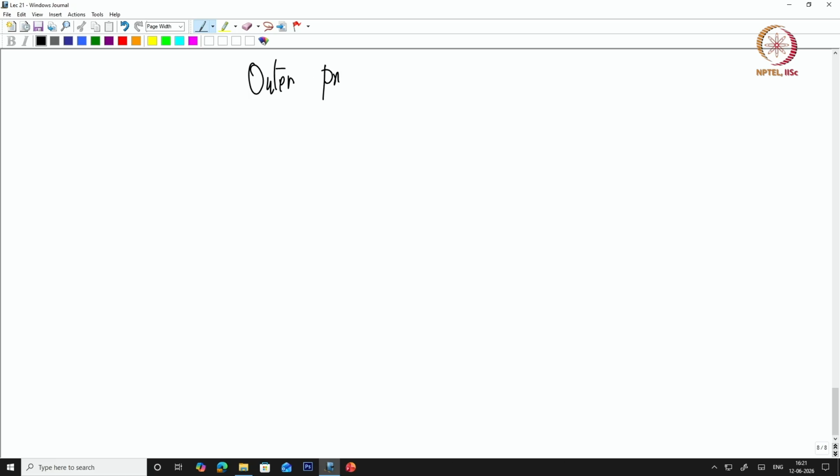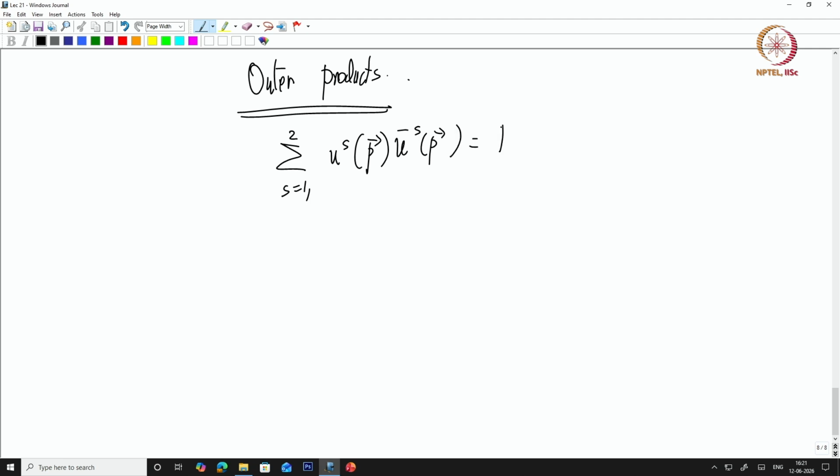So, outer products, these are also interesting and important. The sum over S from 1 to 2 of u_S(p) ū_S(p) is equal to p-slash plus m.